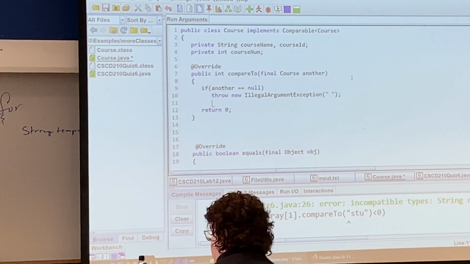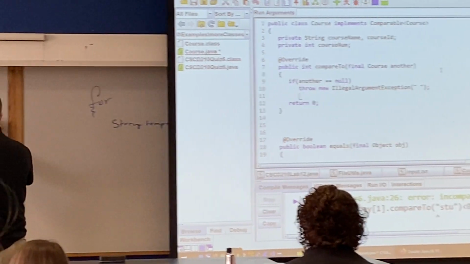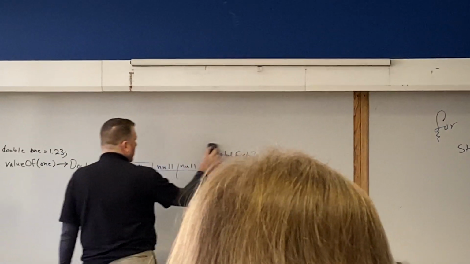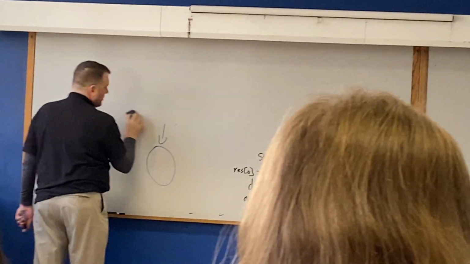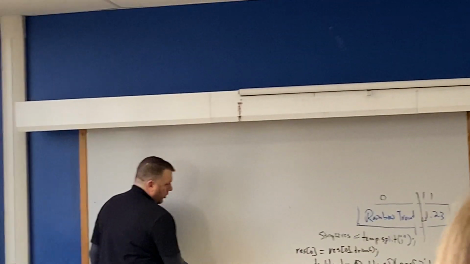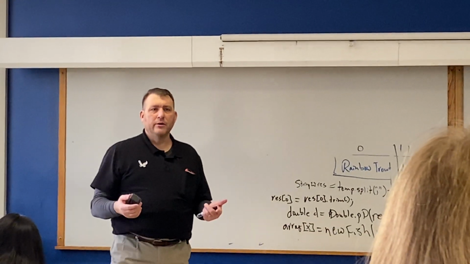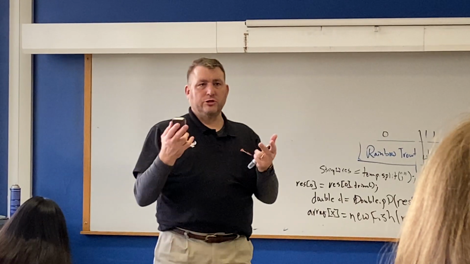In the case of course, we have a course number, a course name, and a course ID, right? If the course IDs are the same, then we know we will not have duplicate numbers, so we can use the number.